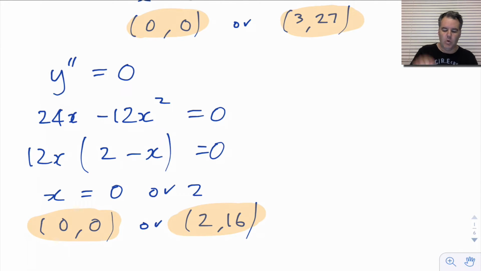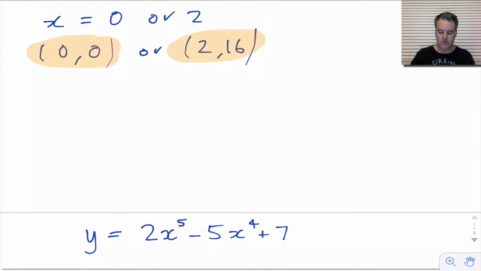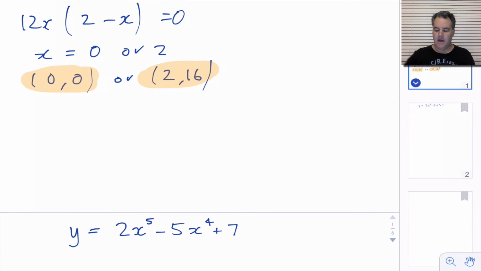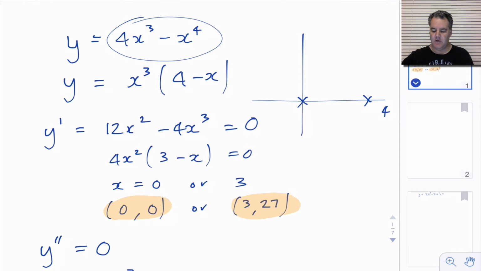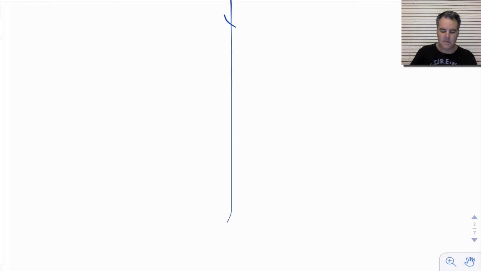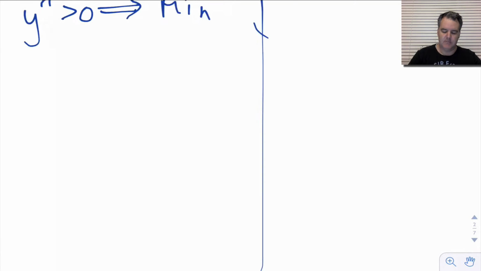Okay, so what kind of stationary value do we have? There are two methods you can use to find out. Let's do it on this page. Method number 1 is the second derivative test. If the second derivative is greater than 0, this means you've got a minimum value.